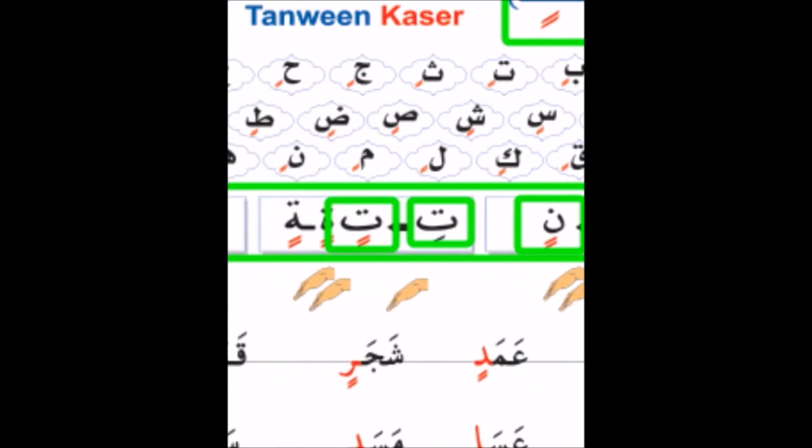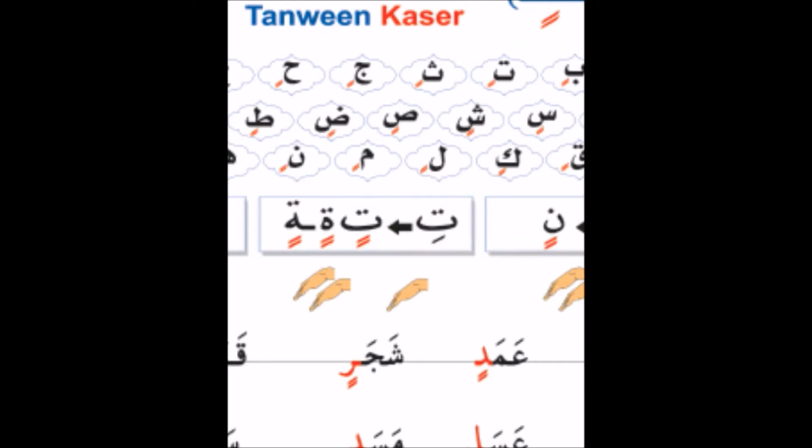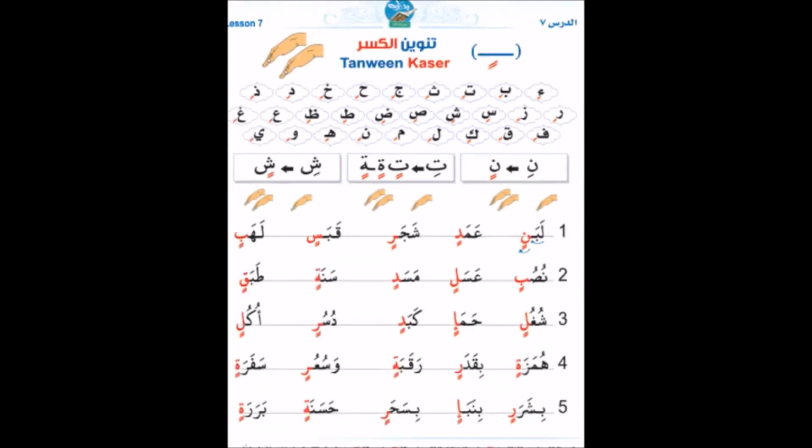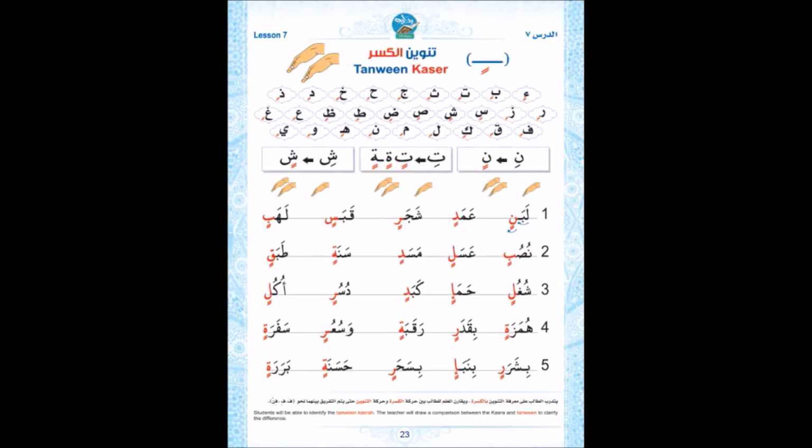And we've included all shapes of the ta, just so the student can keep in mind the different shapes of the letters as well as the different situations where you can use tanween kasr. Also in this lesson, you'll notice, as we did before, the example letter, which is noon in this case, is used in the first word on the first line, so the student is somewhat familiar before he or she delves into the words.